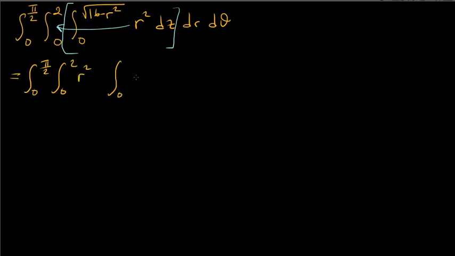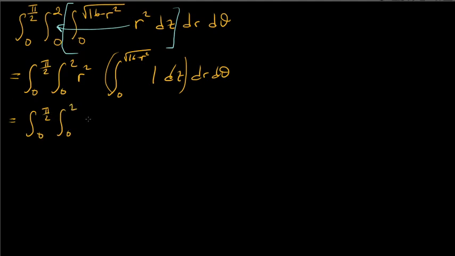So now we're just integrating 1 with respect to z. So that's just z. Hang on a second. Yep, a lot of writing this down here. So r squared, and then z evaluated between 0 and the square root of 16 minus r squared.